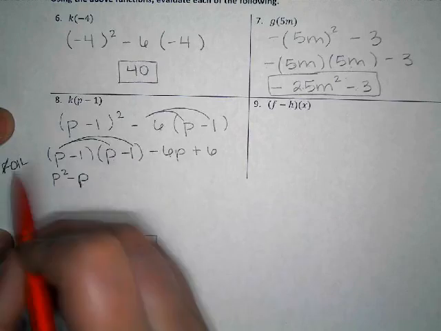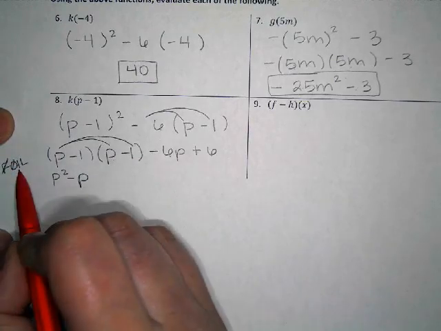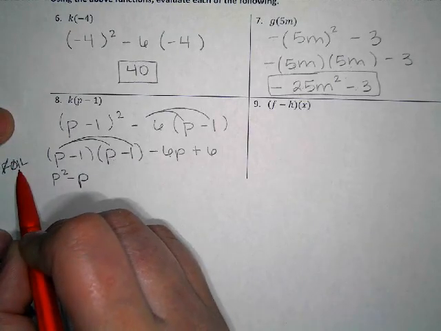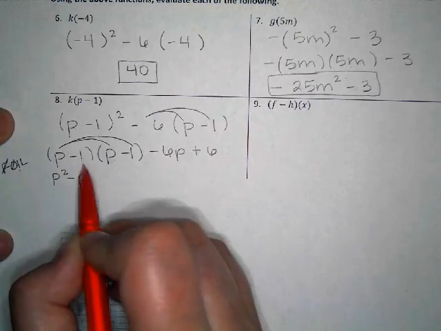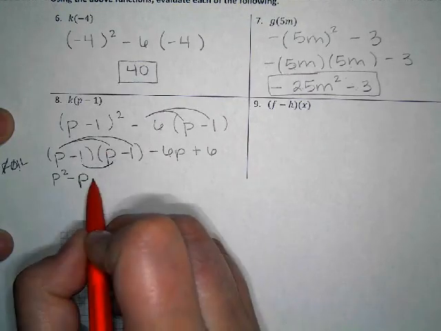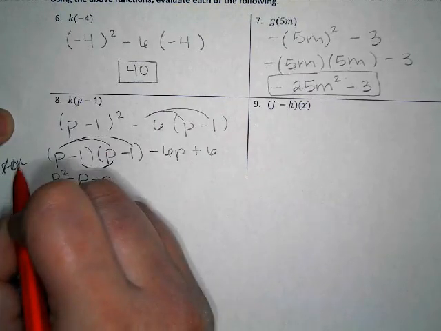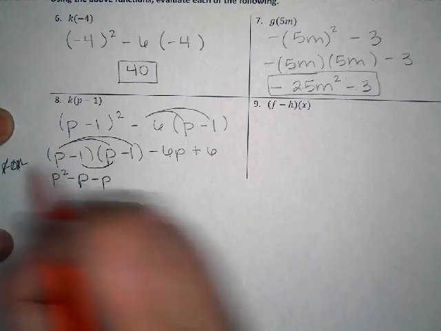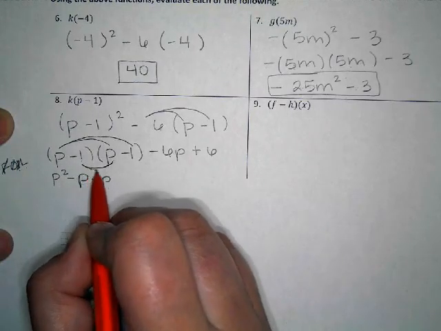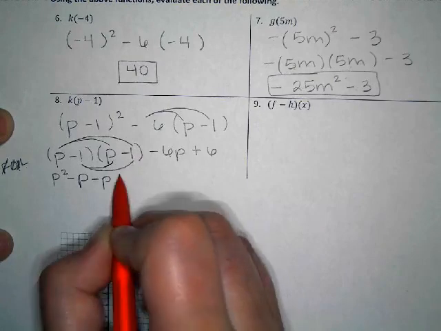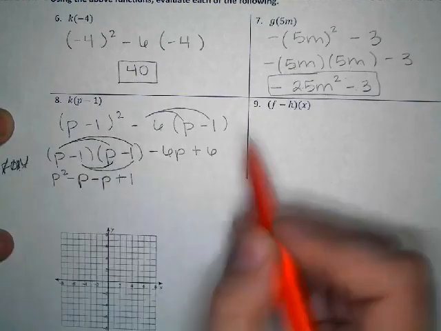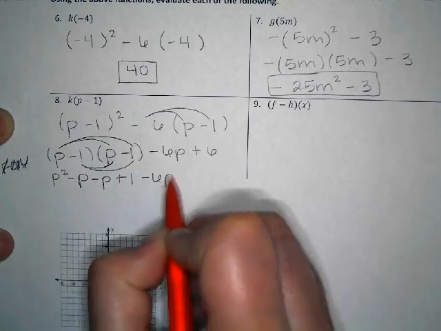Then we've got I for insides. Negative 1 times p, negative p, okay. Then we've got L for last, which is positive 1, okay. And then we still got the negative 6p, and we still got the plus 6.